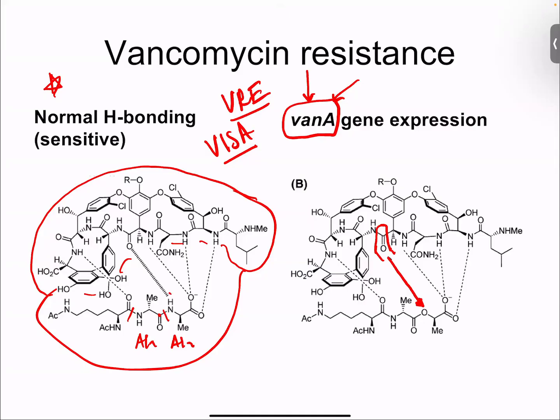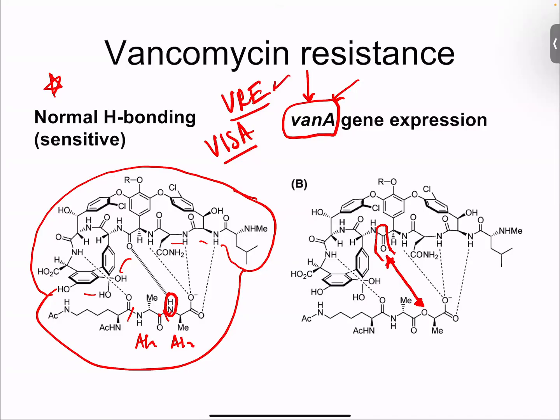This amino group and that proton have been removed and replaced with an oxygen. We're going from an amide to an ester at the same spot. As such, we have a significant decrease in affinity of vancomycin for our target, and that results in vancomycin resistance.